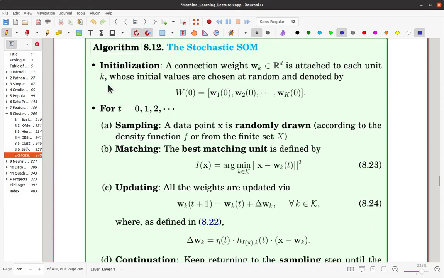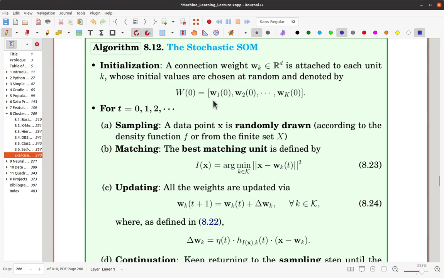In initialization, a connection weight W_k in D dimensions is attached to each unit k, and the value can be initialized with small random values.